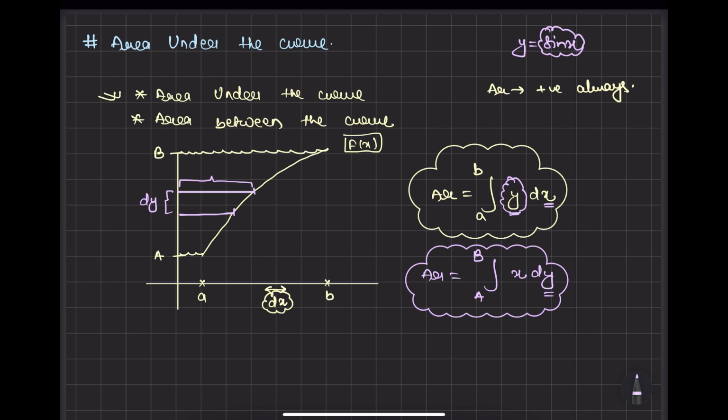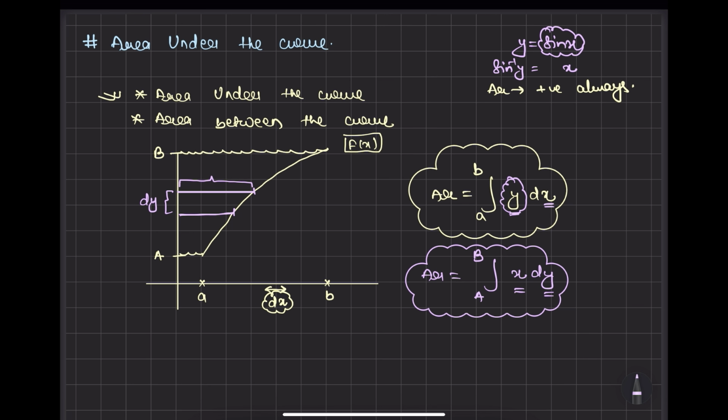If you are handling y, you should write x equals something in y. Here you will have sine inverse y, so in place of this you write a function in y, for instance x equals sine inverse y.